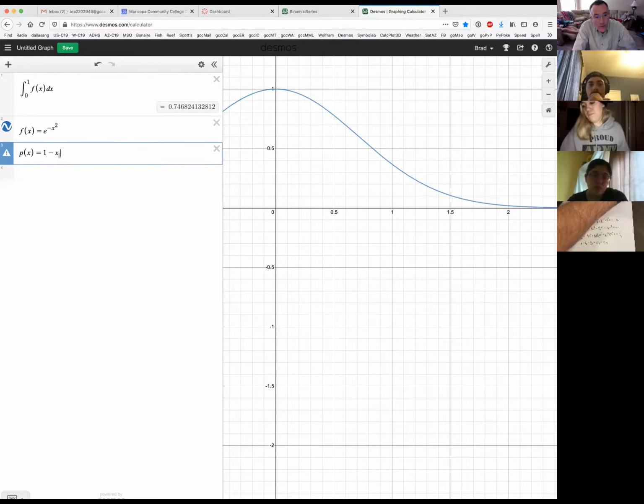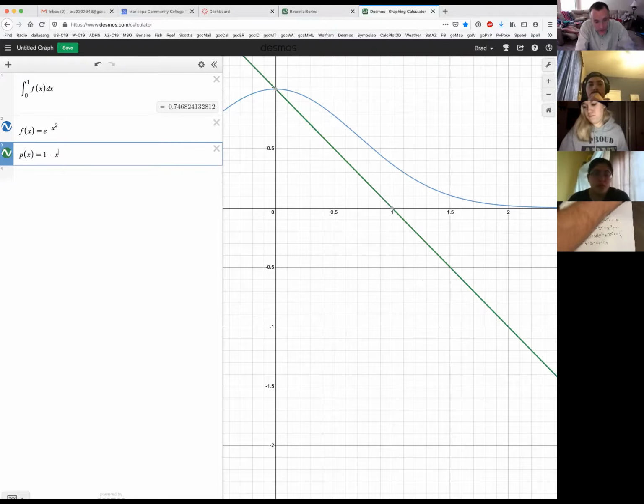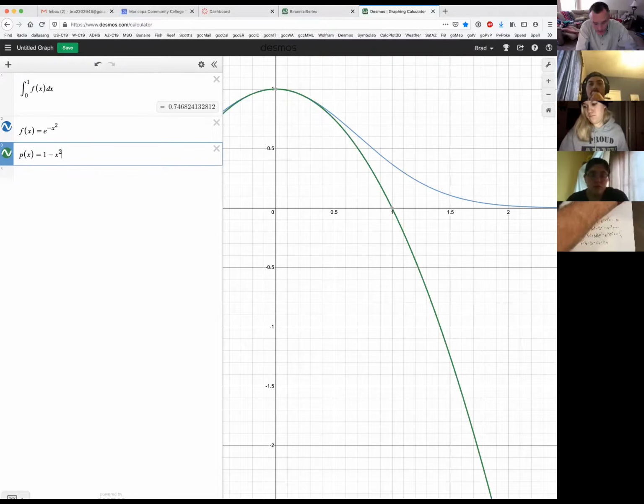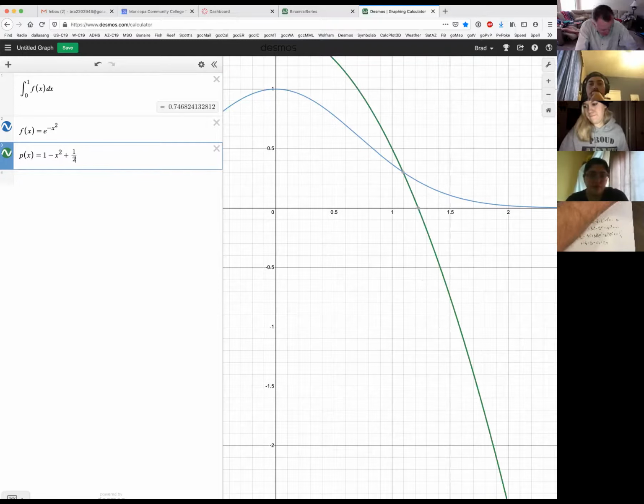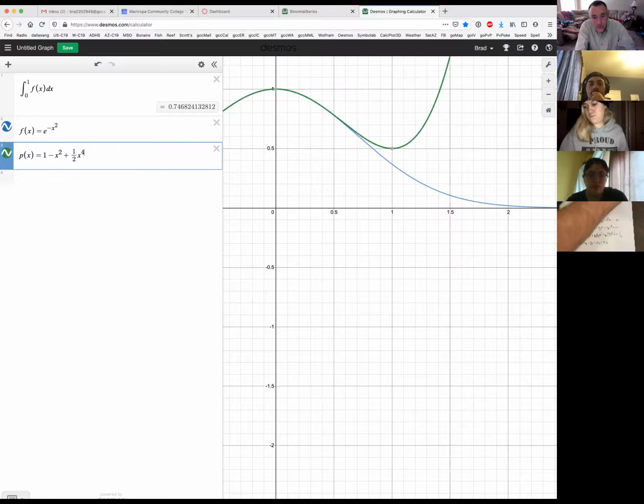Back up. 1 plus, this should be x squared, and then we got plus 1/2 x to the 4th. Hey, this looks like we got the right one now, doesn't it? It's starting to fit pretty good.